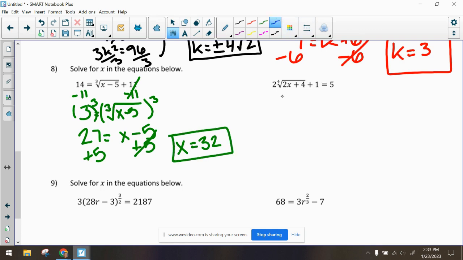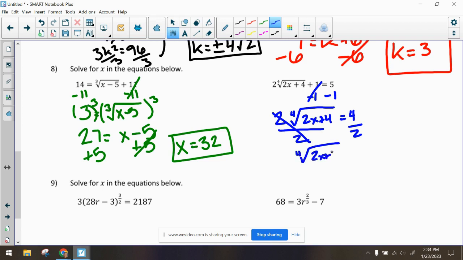Moving on to the next one, our goal is to still isolate the radical. This one we have to subtract 1 first. So we're left with 2 times the fourth root of 2x plus 4 equals 4. Then we would divide by 2 on both sides. So the fourth root of 2x plus 4 equals 2. And finally, now I can take it to the fourth power.